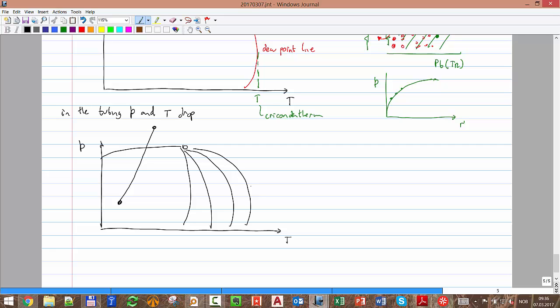So x equals 1 means that I have mass of gas divided by total mass, then x equals 0.95, etc. So let's say 0.6 or something.